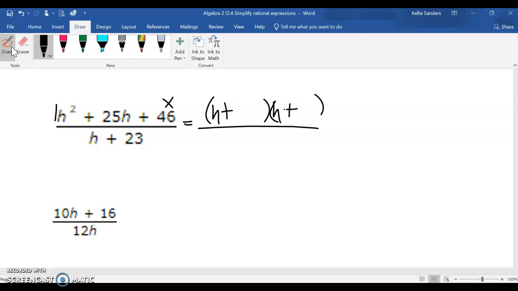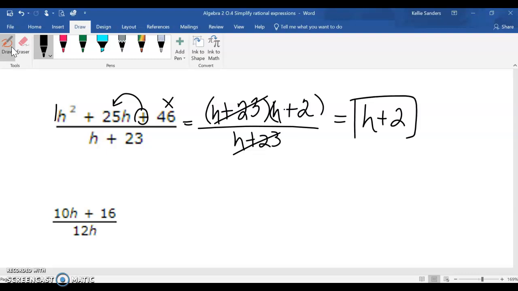What multiplies to get 46 and adds to get 25? 23 and 2. Bigger number there, smaller number there. So I factored: 23 plus 2 is 25, 23 times 2 is 46. Then we're going to bring the bottom down. And looky there. These are so fun. I love doing these because those will cancel. And the simplified form is h plus 2.